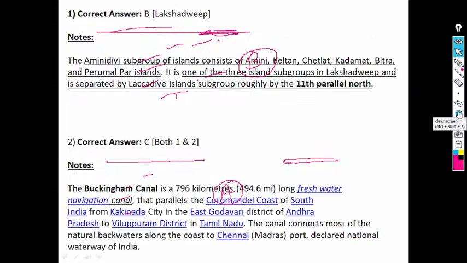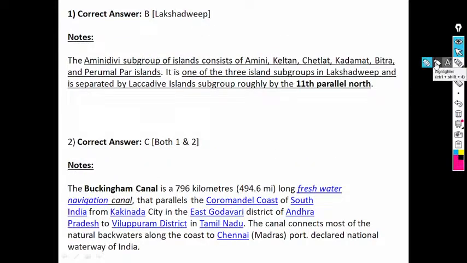Answer B and A. The Amindivi group of islands consists of Amini, Keltan, Chetlat, Kadmat, Bitra and Perumalpar Island.